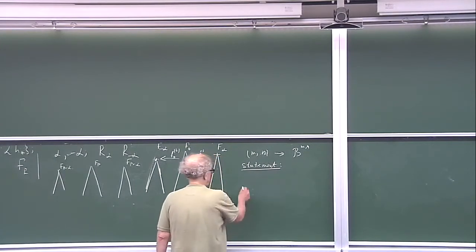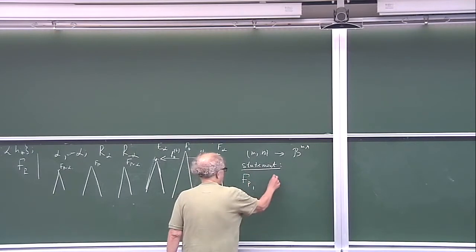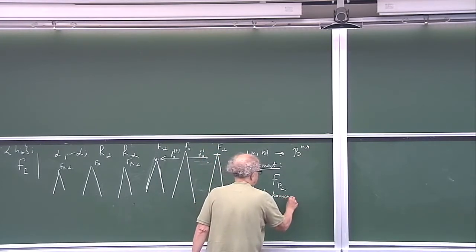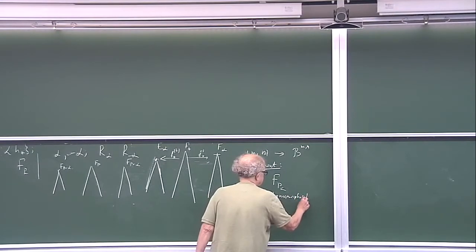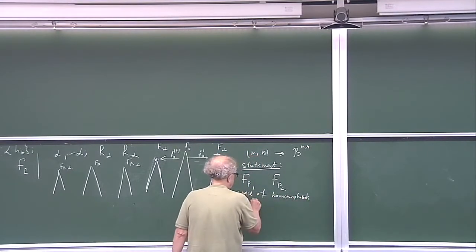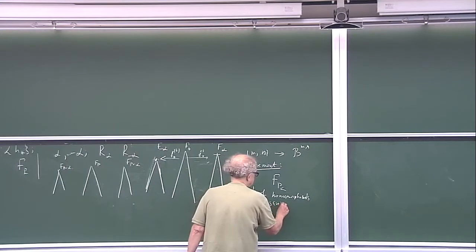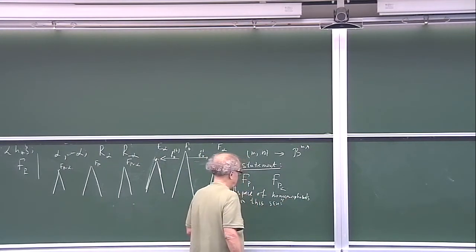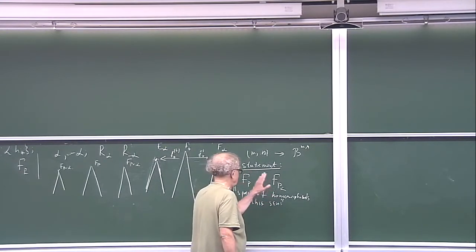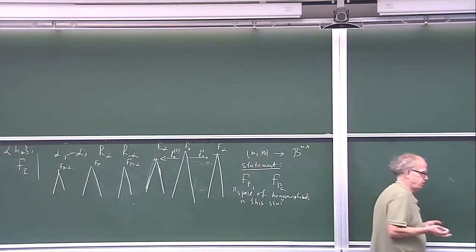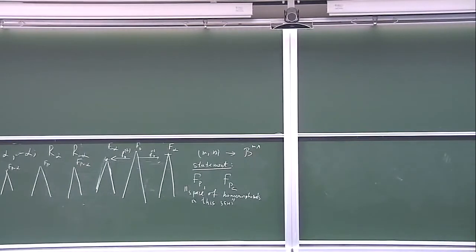So if you have Fp1 and Fp2, and you want to calculate the space of homomorphisms in this sense, the space of homomorphisms can be understood or can be identified with the space of homology of some local system.